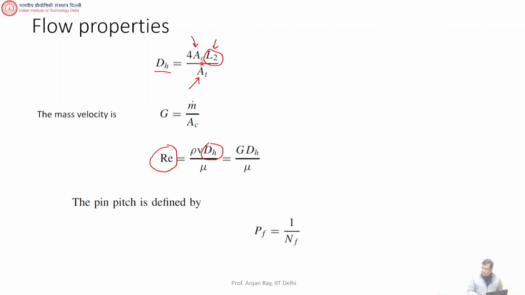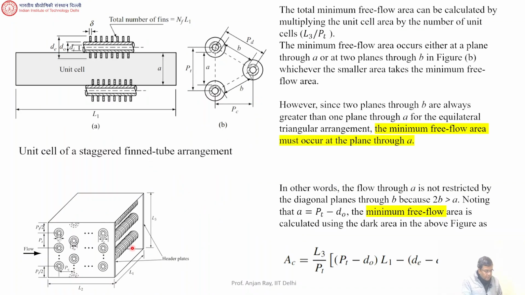So 4AC is the 4A over P thing, and instead of P, we are using AT over L2. Why L2? Because we want a wetted perimeter.